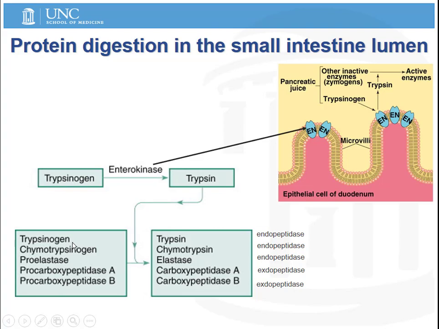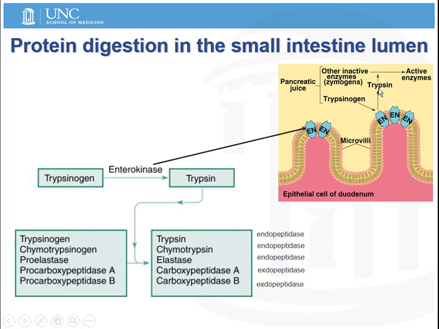And trypsinogen is initially activated by the brush border enzyme enterokinase to yield the endopeptidase, the active trypsin. And we can kind of see that here, where this is the brush border enzyme enterokinase. So when trypsinogen that is released from the pancreas interacts with enterokinase, it becomes this active enzyme trypsin.